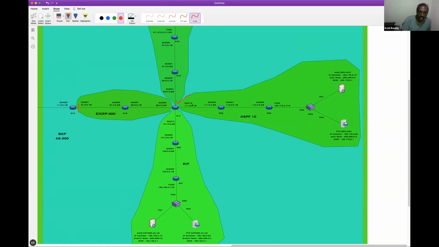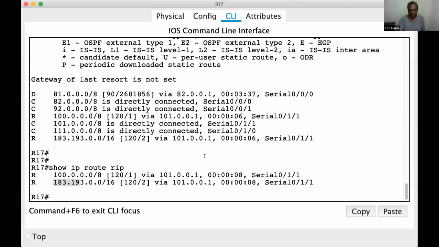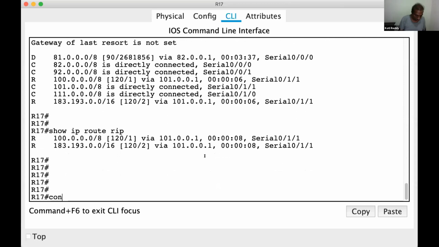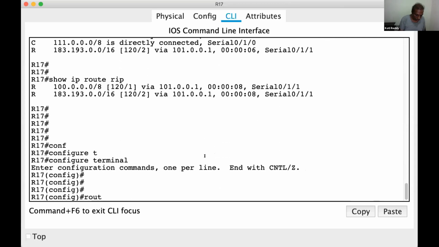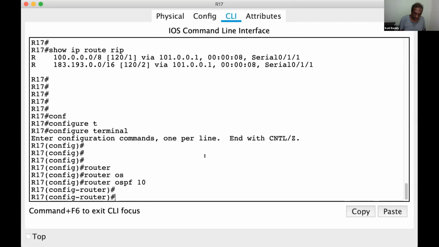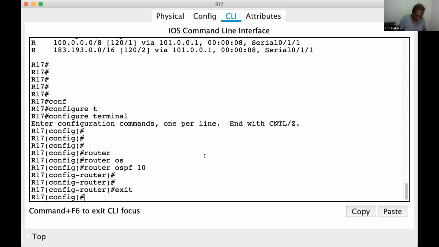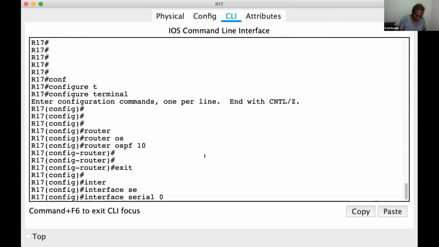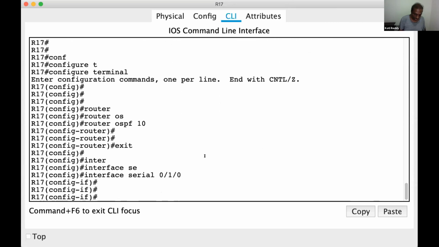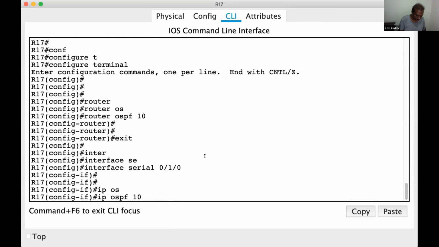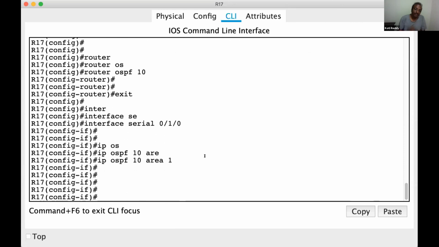Interface serial 0/1/0, on this interface. So let's do that on R17. I say configure terminal, router OSPF 10. I say exit, interface serial 0/1/0, IP OSPF 10 area 1.